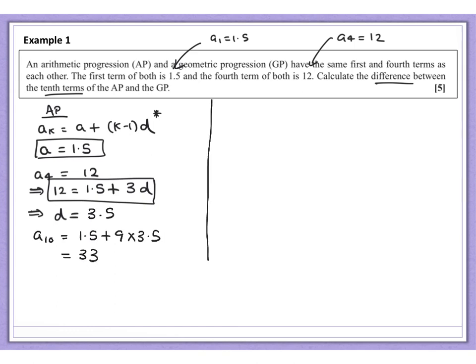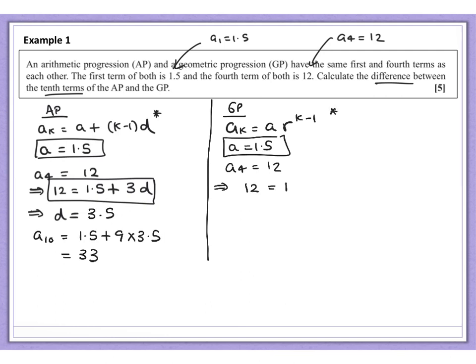Now, what about the geometric progression? This time, a_k equals a multiplied by r to the k minus 1. a equals 1.5 again. a4 equals 12 again, but this time, substituting into this formula, 12 is equal to 1.5 multiplied by r to the power of 3, and we have a simple equation that we can solve.